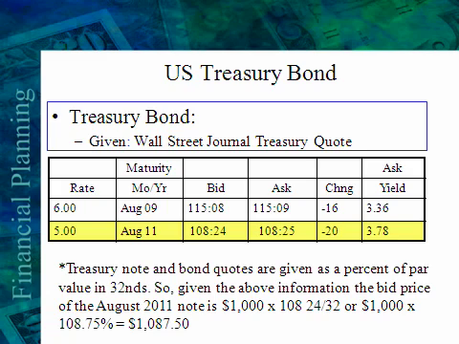Assuming a denomination of $1,000, the price is calculated as $1,000 times 108 and 24/32nds, or $1,000 times 108.75%, which equals $1,087.50.